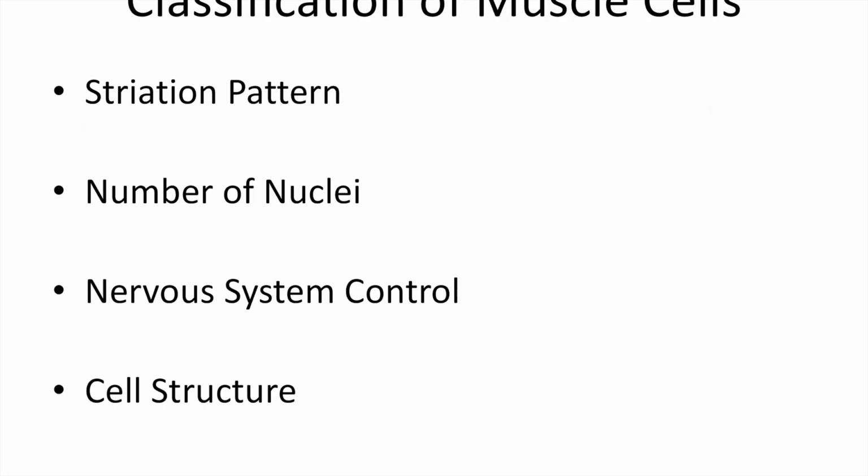And there are 3 types of muscle tissue that are classified based on their striation pattern. So if we're looking to see whether there's a striation pattern or not, we're going to look along the length of the muscle cell.